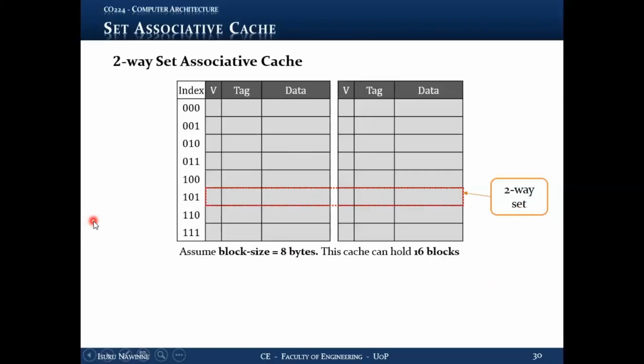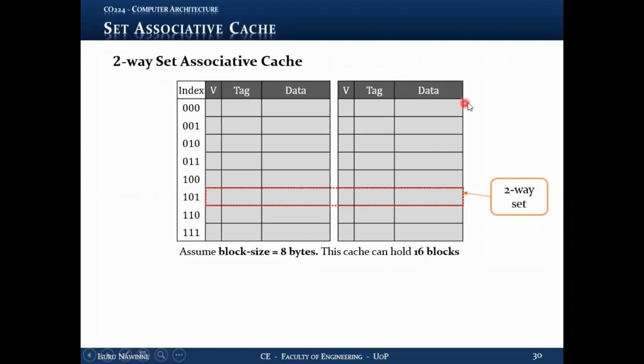Earlier in the direct mapped structure, one index referred to one data block, so the index was for a block. Sometimes we call that the block index. Now we refer to this index field of our incoming address as the set index because it is referring to one set of data blocks, right? You can have two data blocks in one set in this particular cache.